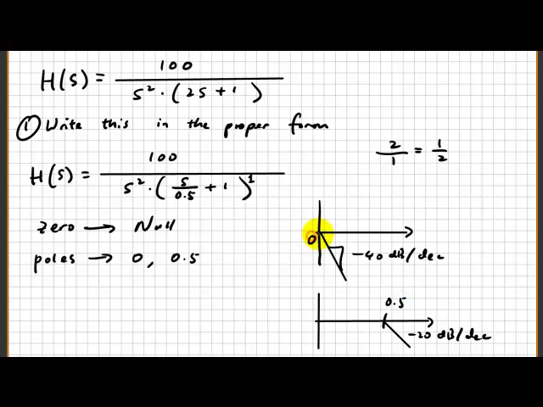My hint to you is that to combine both together, you need to plot the first one at minus 40 dB per decade, and then the second one with minus 20 dB per decade. The solution is that you will have to combine both in order to get a single figure.